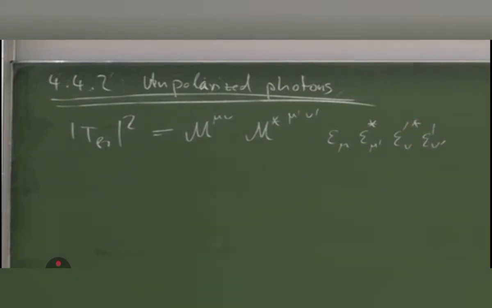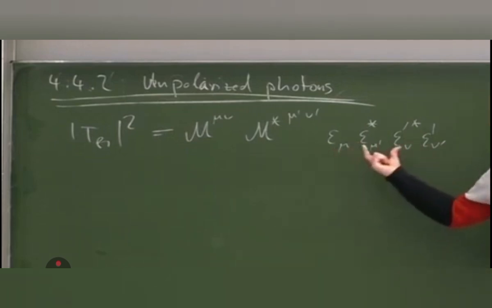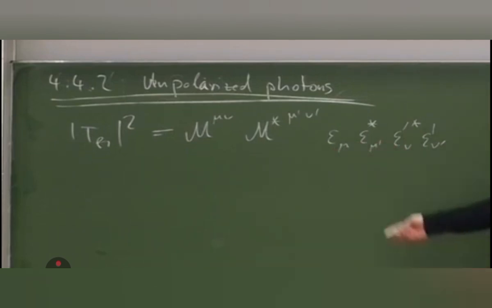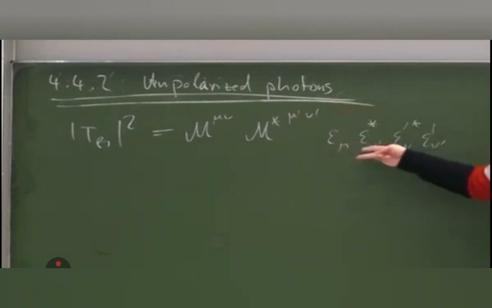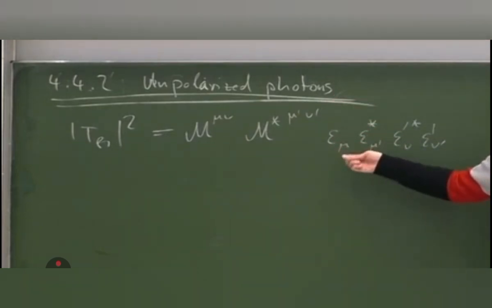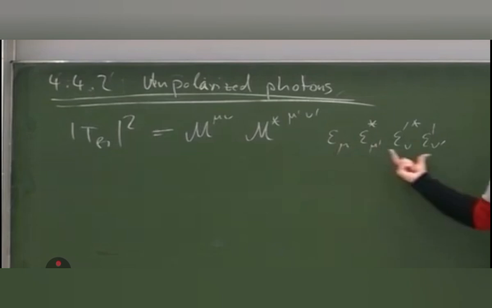That is the square of our T_fi matrix element, where I already used the simple notation with this curly M^{μν} and explicitly highlighting the role of the photon polarization vectors. Those vectors depend on the photon spin or the photon polarization, and we might want to sum over all possibilities of the photon spin for the incoming photon and over all possible spins of the outgoing photon. And then we need to see what happens.